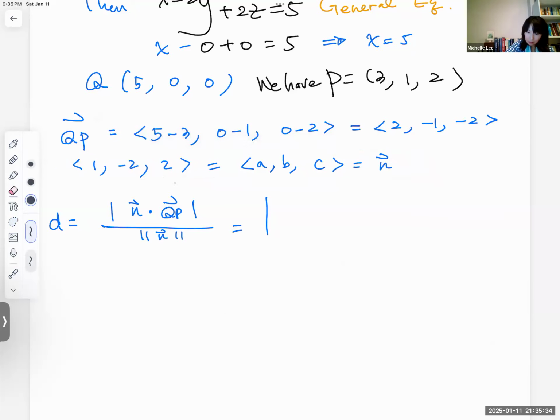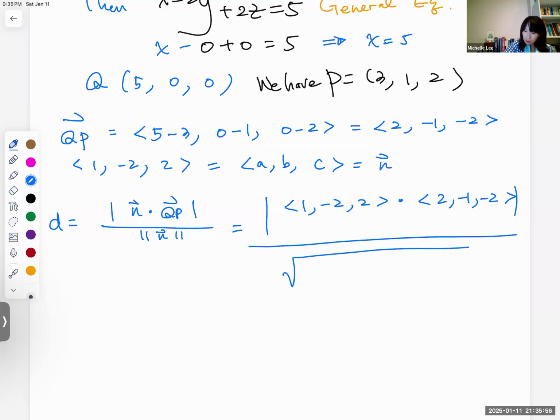Dot product of 1, -2, 2 dot with QP, 2, -1, -2, all over the square root of n.